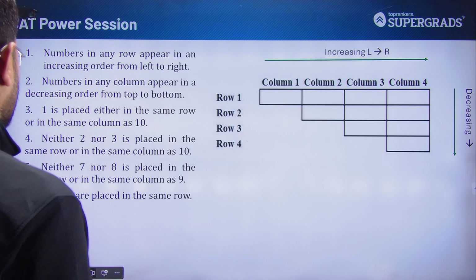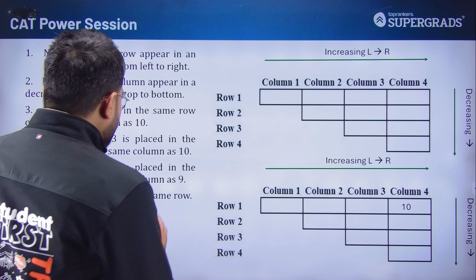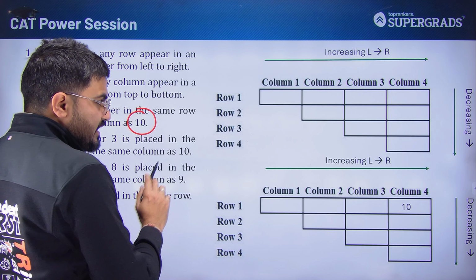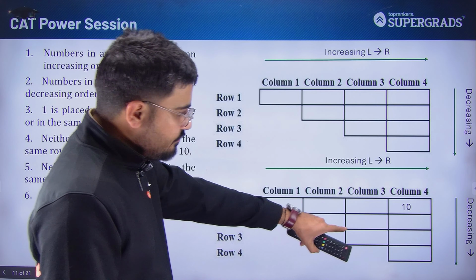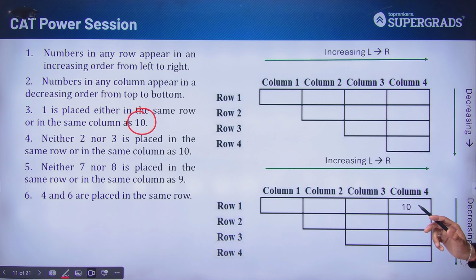And then one is either placed in the same row or in the same column as 10, and 10 is the highest number. Since 10 is the highest number, if it decreases from here to here, here it will be the highest number. If it increases from here to here, this will be the highest number.